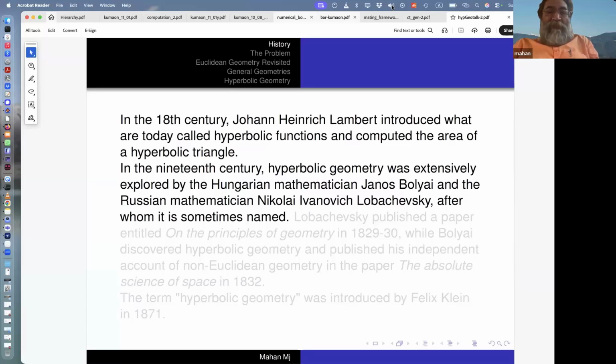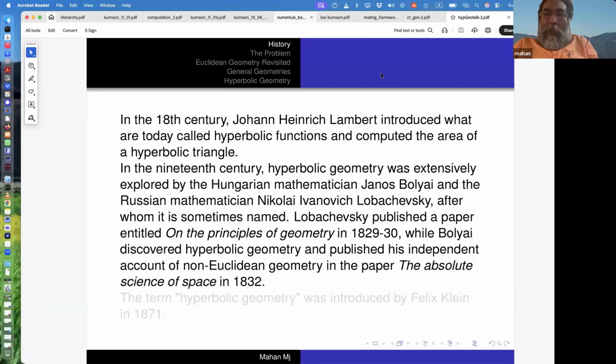So Bolyai and Lobachevsky worked on it. Lobachevsky published a paper called On the Principles of Geometry in 1829-30, and Bolyai very soon after, in a different paper, Absolute Science of Space, discovered the same thing. It was not called hyperbolic geometry at that time.